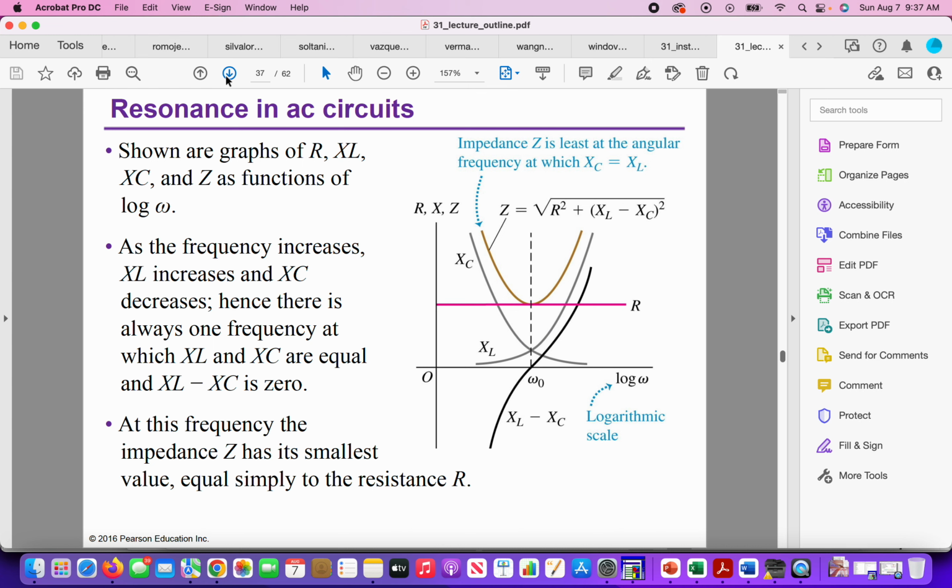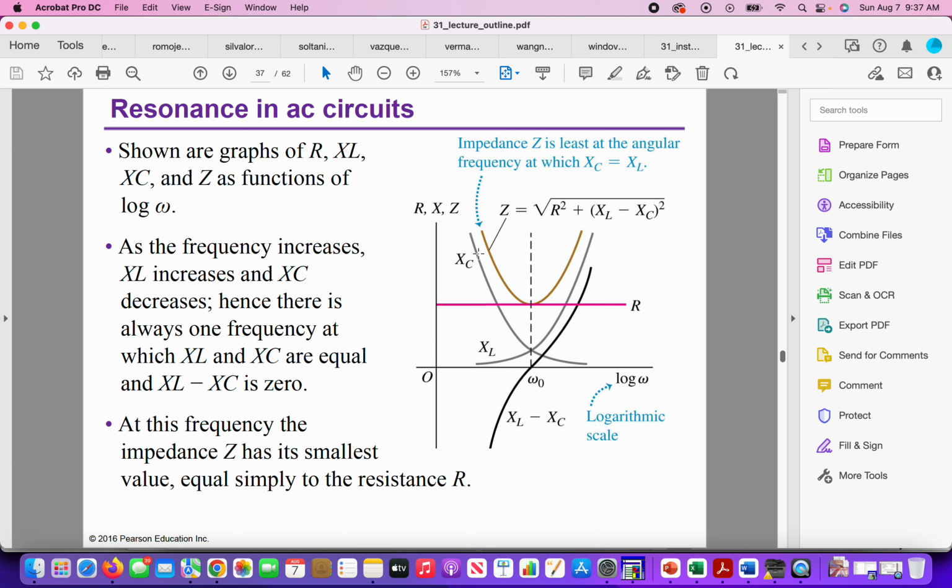Okay, there is a case when we will have resonance in an AC circuit, and here we are showing the graphs for R, XL, XC, and Z as a function of log omega.